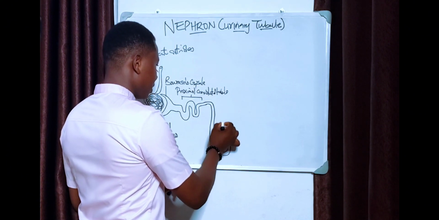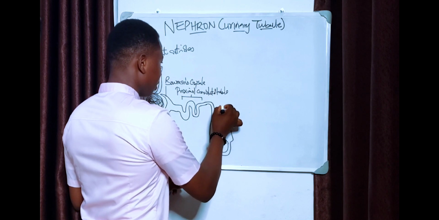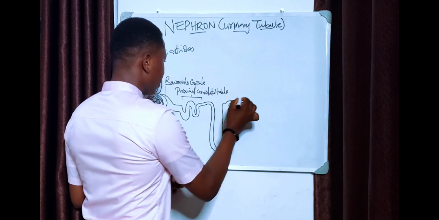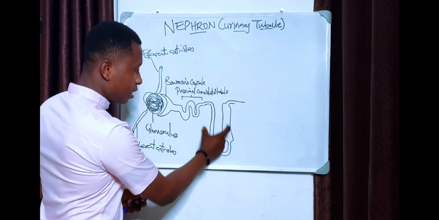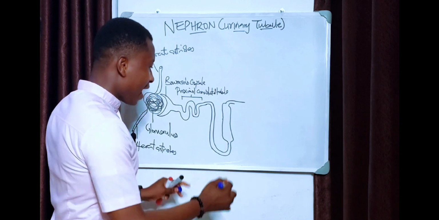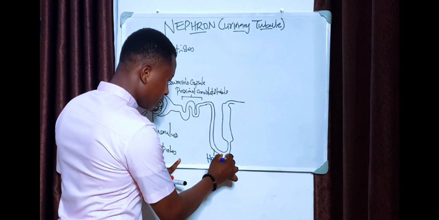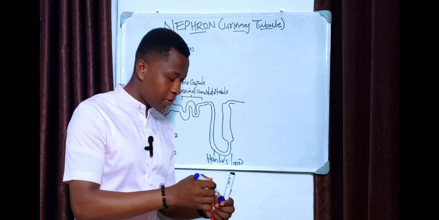The tube expands at this point when ascending. Now, this depression is referred to as the Henle's loop or the loop of Henle, right?